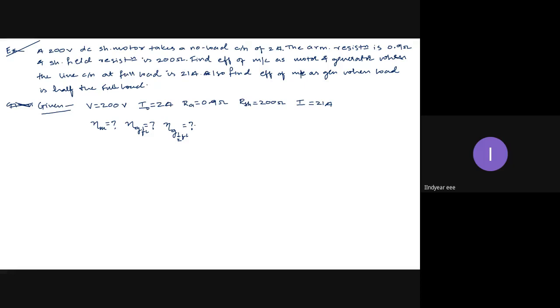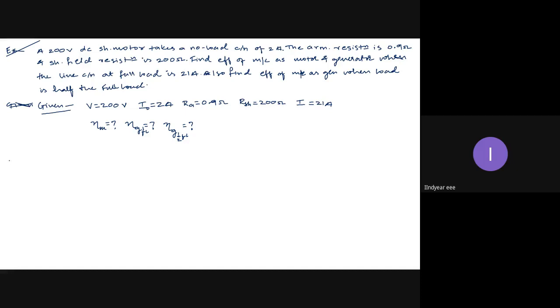We can make certain assumptions, assuming that the back EMF will remain constant, and then do the calculations. But it is not so. Back EMF will not remain constant when the load varies. When we come to that point, I will discuss.